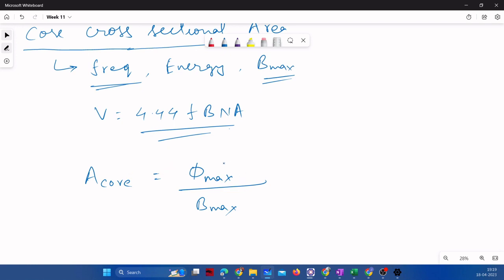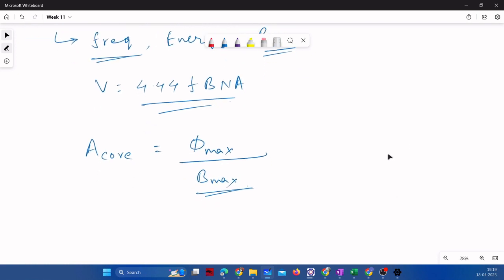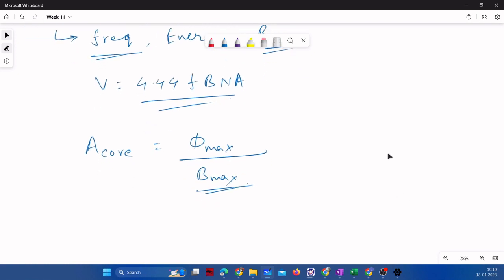Since the maximum flux, let us assume it is constant, you want a certain flux, and you have the limitation on Bmax here.